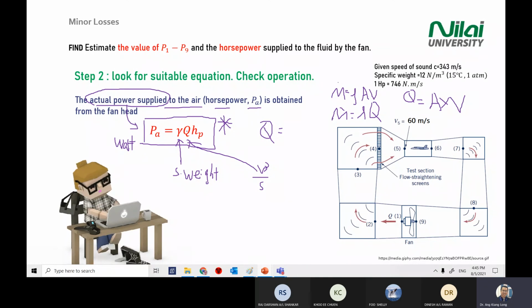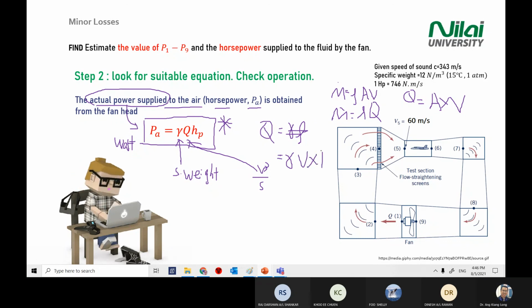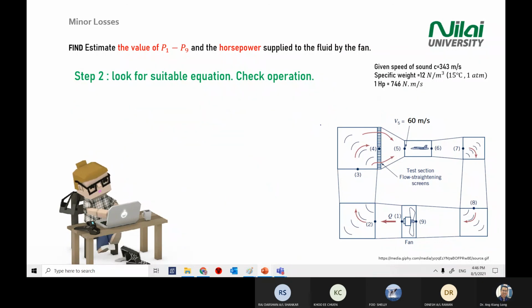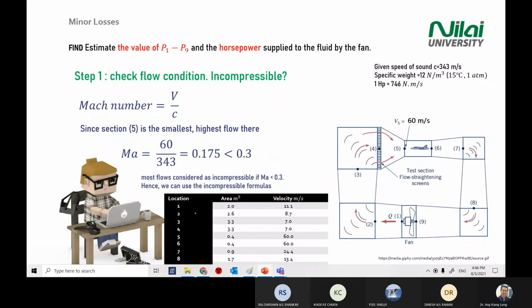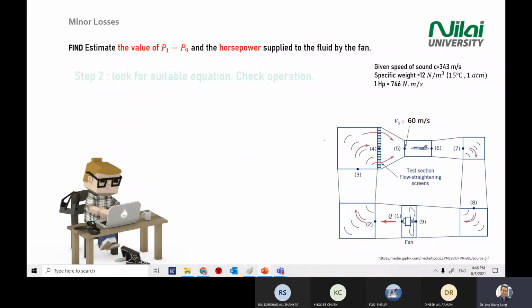In the exam, Q will not be given, but you'll be given velocity and area, because the table just now is the reason why you're seeing area in the question. So it is V times A times HP. Your velocity and area were given in the table just now. Okay, this table. You have area and velocity.